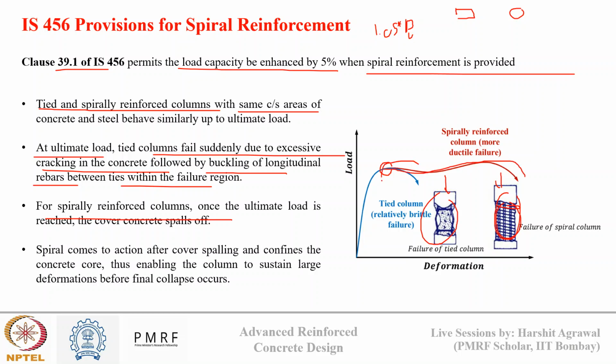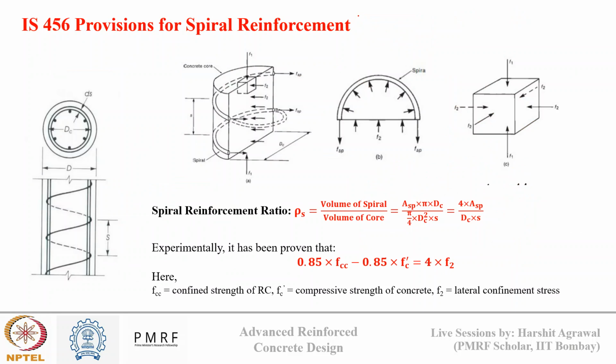So instead of failing here, it is failing here now. Because of the confinement effect, the steel won't buckle, and it will sustain more load. That's why this 5% increment is done for spiral reinforcement. That is the confinement effect.